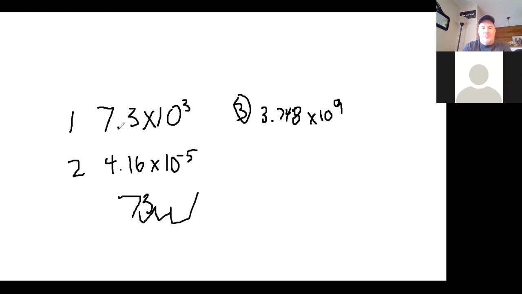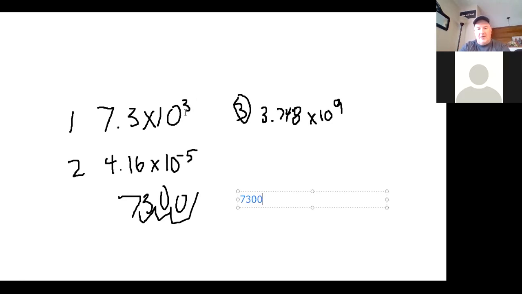So the decimal goes away. It becomes 7,300. It just becomes a large number.